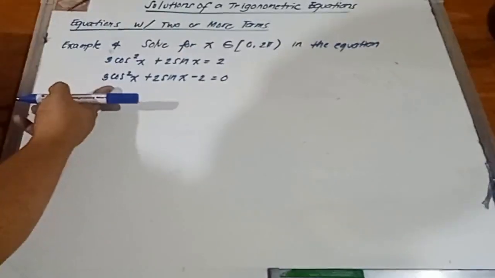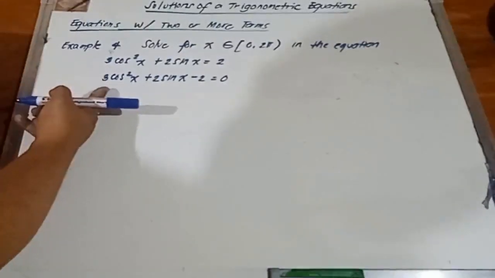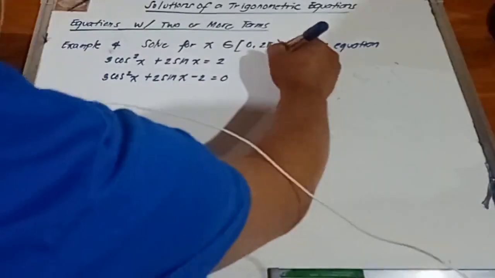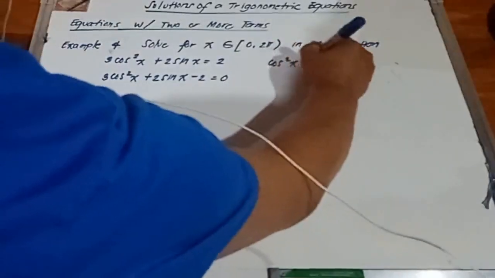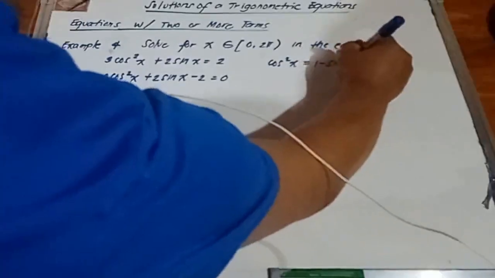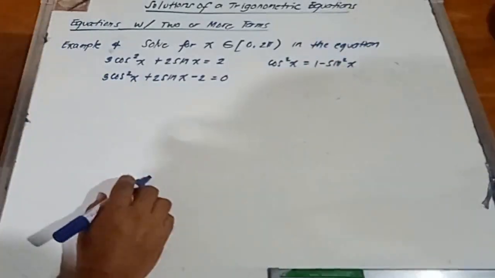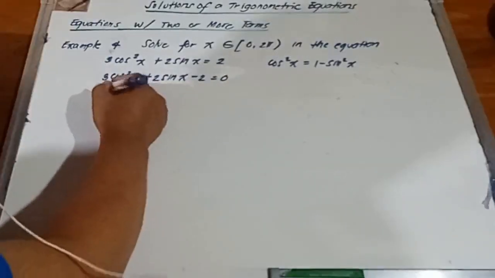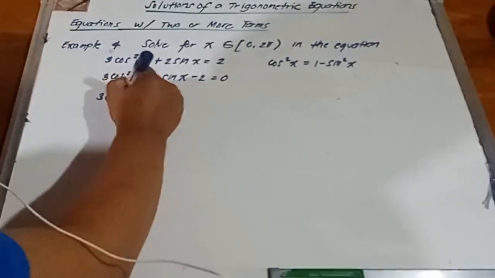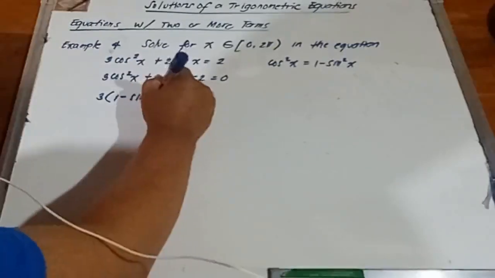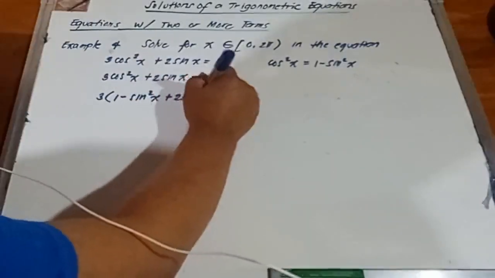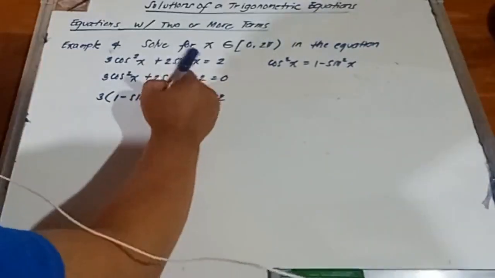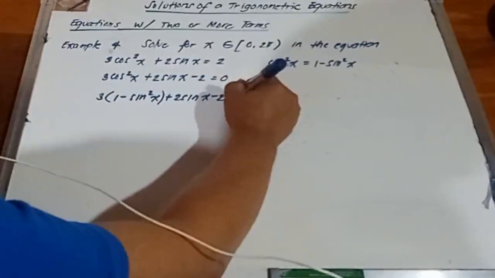Then, gamitin natin yung Pythagorean identity for this. Okay? For cosine squared x, that is cosine squared x equal to 1 minus sine squared x. Substitute natin. So, we have 3 times 1 minus sine squared x plus 2 sine x minus 2 equal to, by the way, dito lang ito, equal to 0.